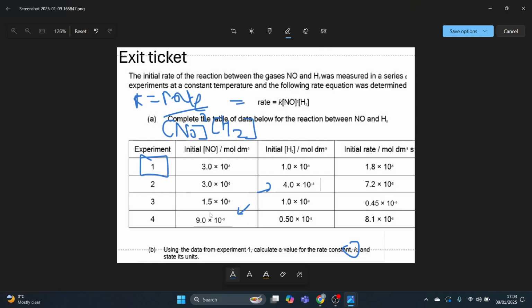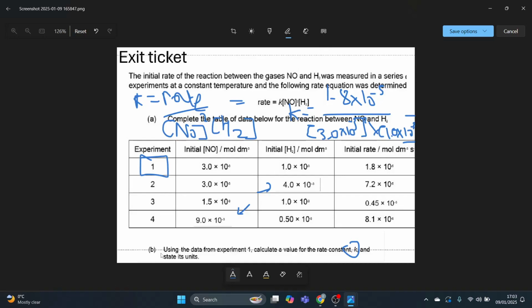Now using the data from experiment 1, we just substitute in initial rate 1.8 times 10 to the power minus 5 divided by NO 3.0 times 10 to the power minus 3 squared times 1.0 times 10 to the power minus 3. No squaring on that, and that will give me K. What I've done is rearranged it. Rate is K NO squared H2. K is rate divided by NO squared H2.